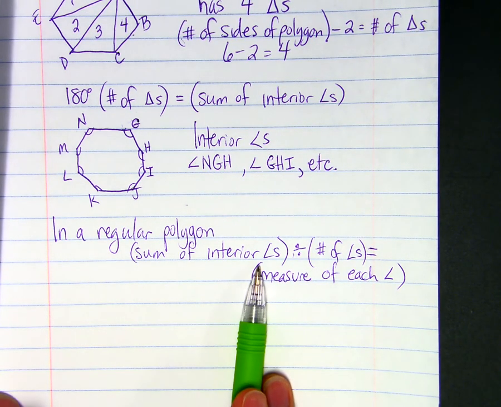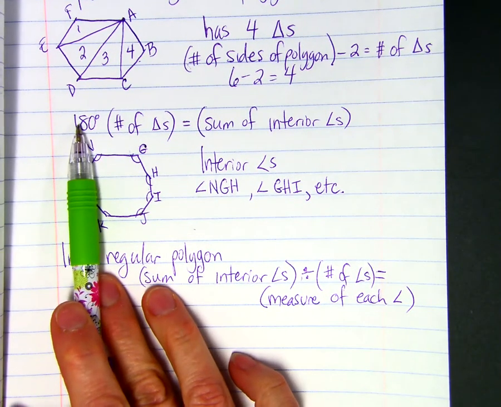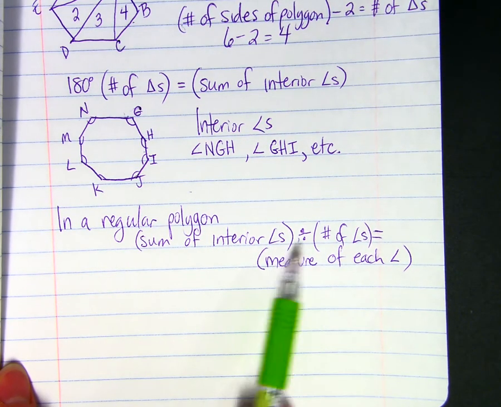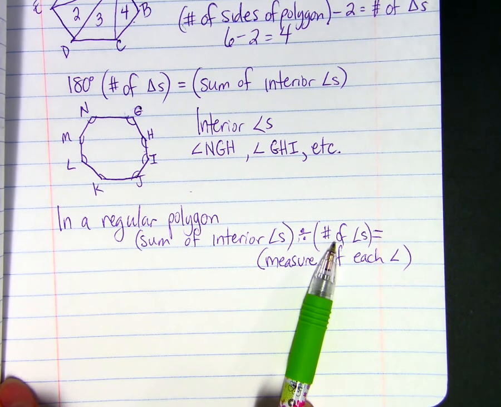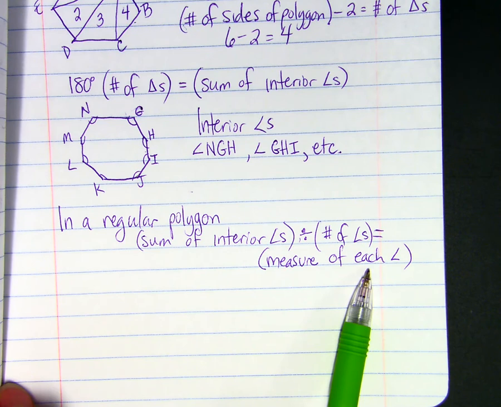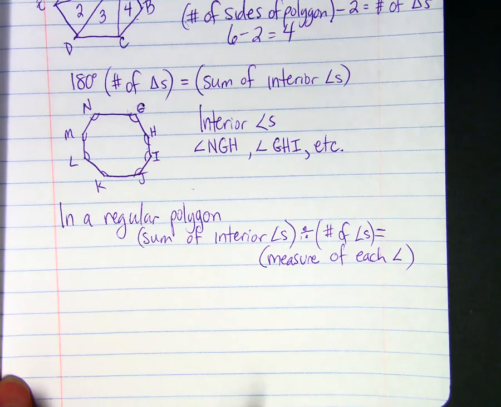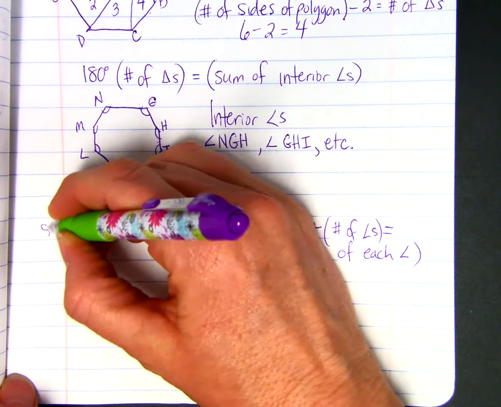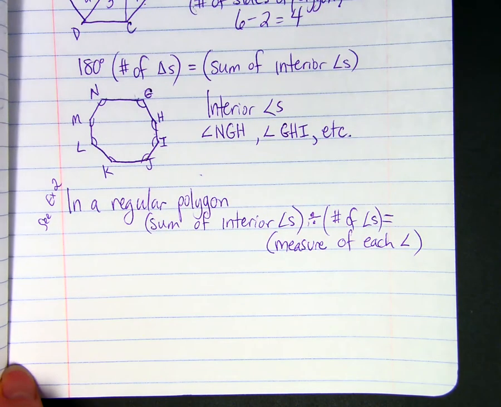So we do 6 minus 2, which is 4, times 180, and you get 720. So the sum of the interior angles will be 720, and then they divide by the number of angles, which there was 6. So if you did 720 divided by 6, the measure of each angle would be 120 degrees, which they show in example 2. So we're not going to write the example down because you can just look at example 2. So I'm going to write right off to the side here, just write C example 2. That way we don't have to write down that example.